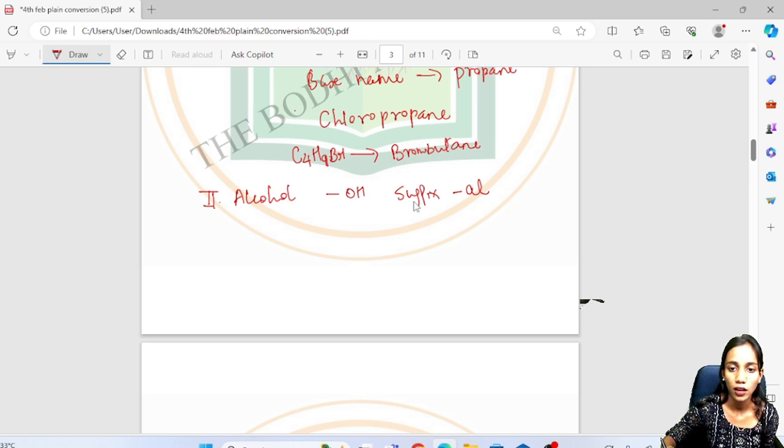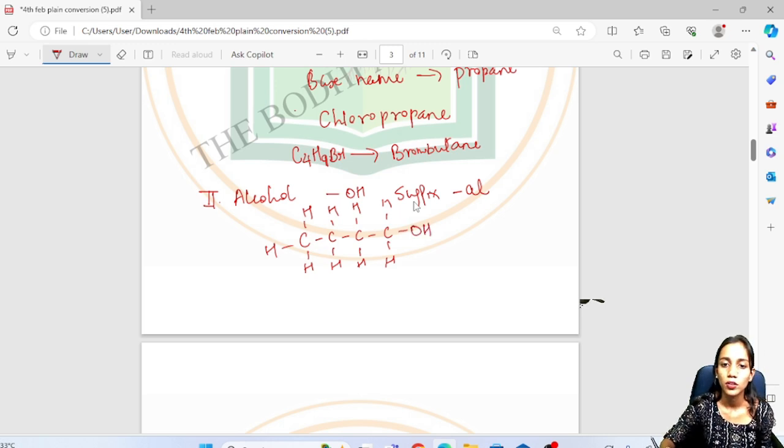For example, this is a C4 hydrocarbon chain. Now in place of hydrogen I'm adding an OH over here. So the name of this will be, count the number of carbons, it is 4. So 4 means it is butane. The actual name is butane.